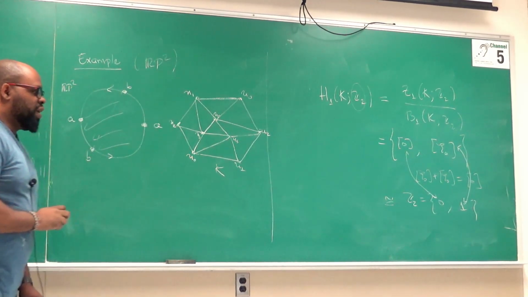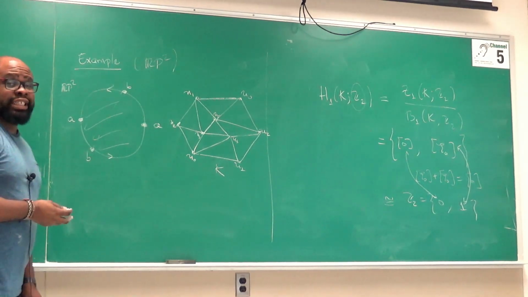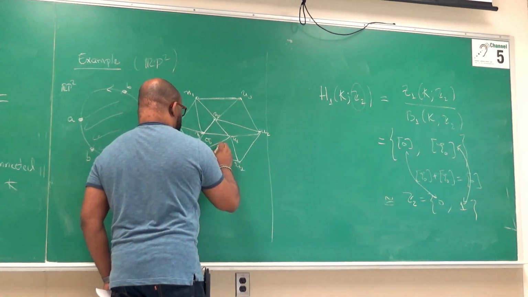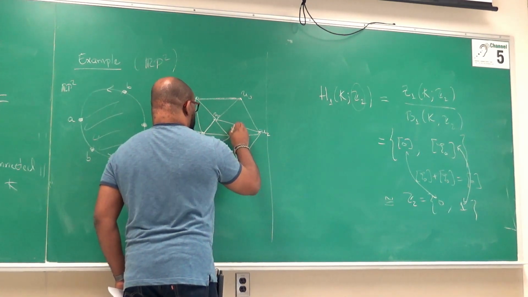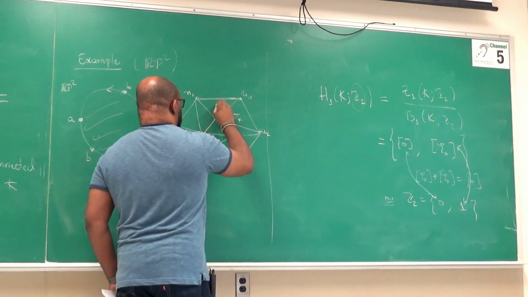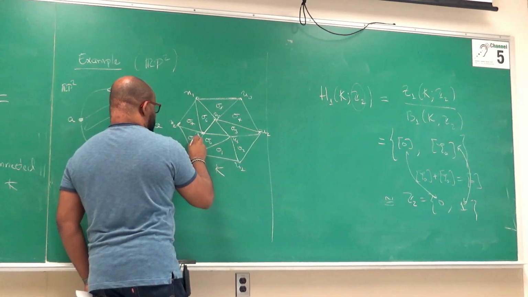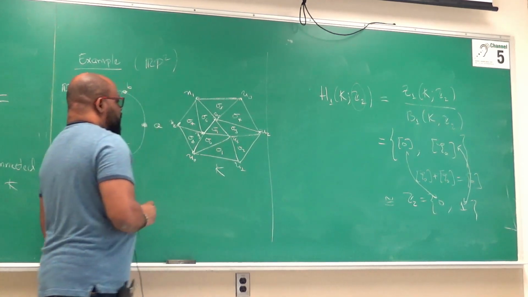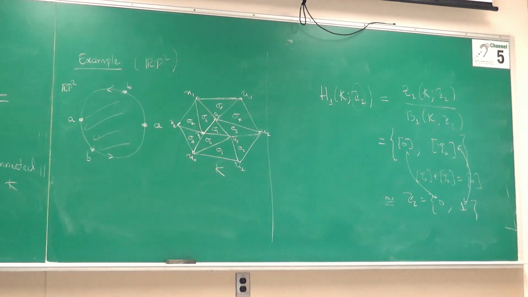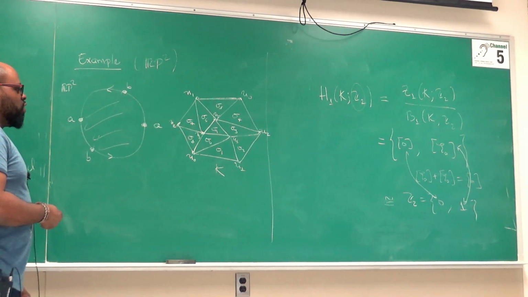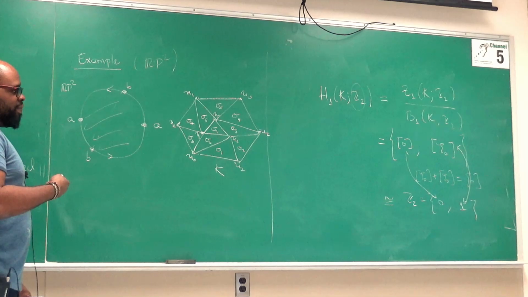I'm not going to name the edges because it gets too messy, but let me call the two-dimensional faces sigma 0, sigma 1, sigma 2, 3, 4, 5, 6, 7, 8, and 9. Okay, so I have 10 two-dimensional simplices and 6 zero-dimensional simplices. Okay, and let's just compute the homology of this space.